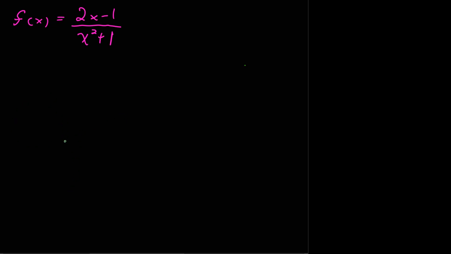The first thing I need to have a rational function is a division. And so this passes the first test. I am dividing. The top needs to be a polynomial, so I can only have positive powers of x, no x in a fraction. So let's see, is 2x minus 1 a polynomial?